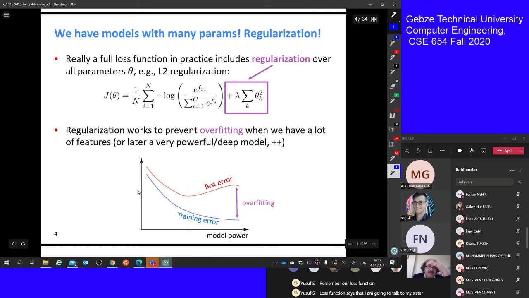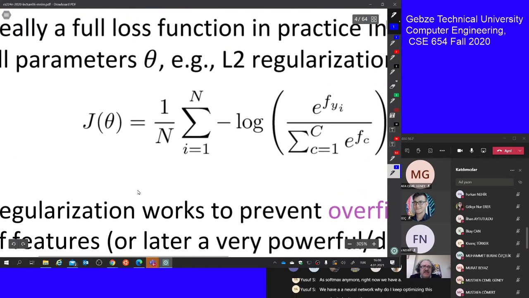By the way, why do I keep doing the same thing? We are not using this softmax classifier alone anymore, right? We have a neural network. Why do I keep optimizing this now? Ignore the second part, that's not relevant for now.